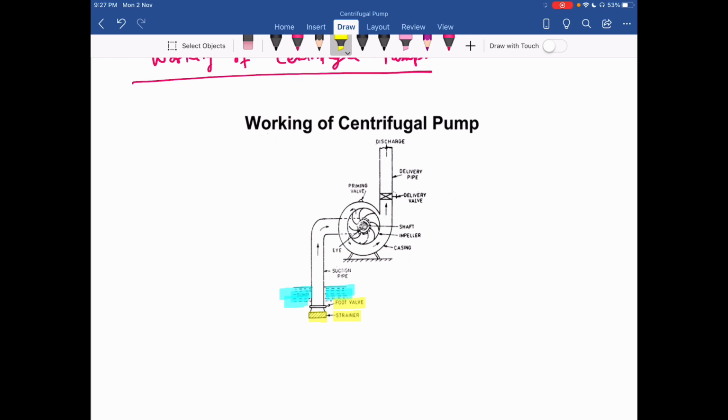Strainer and foot valve are connected at the bottom of a pipe and the pipe is called the suction pipe. On the other side, I have one more pipe that is called delivery pipe. To control the discharge in the delivery pipe, I have the delivery valve.